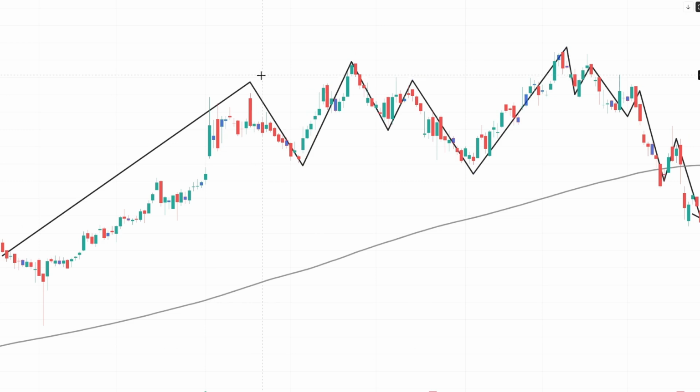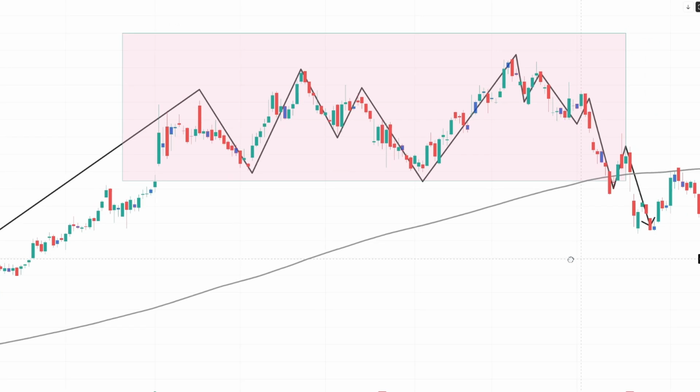And here, if you notice, the higher highs are not making really higher highs, and lower lows are also now starting to form. So this is a zone which is a no trade zone.